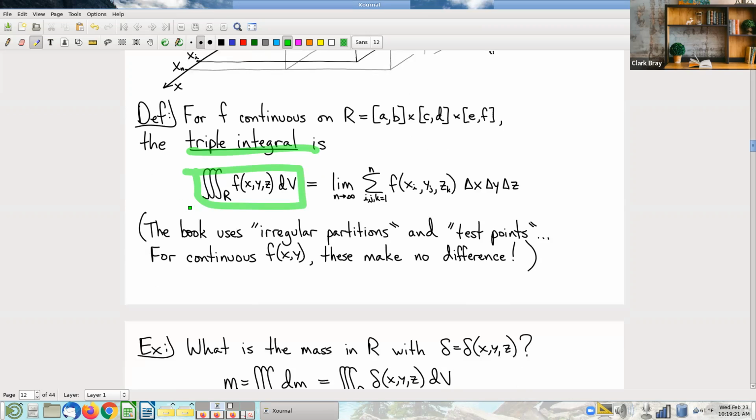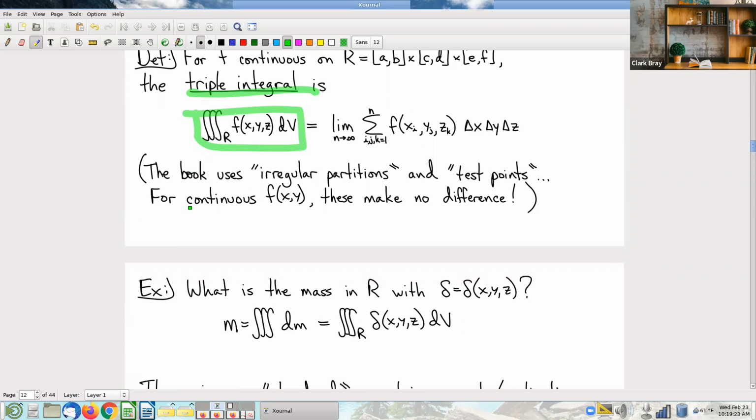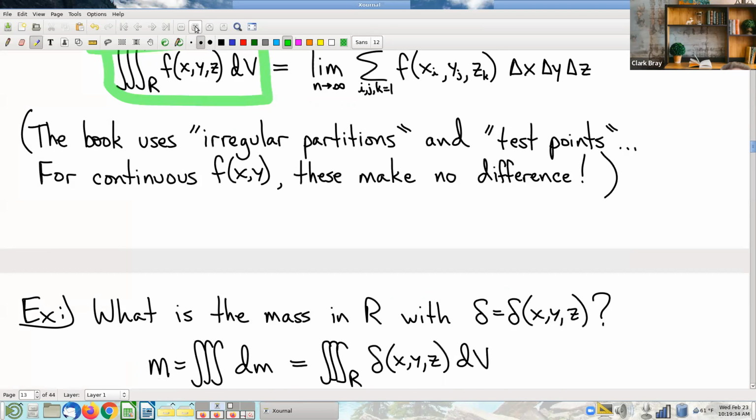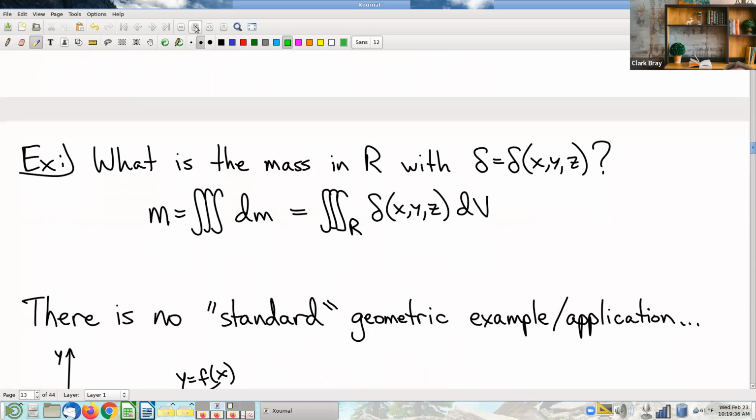So for example, as we've already alluded, how much mass is there in some three-dimensional region where density is known? The total mass is the sum of the little pieces of mass that you get when you chop it up into little pieces.